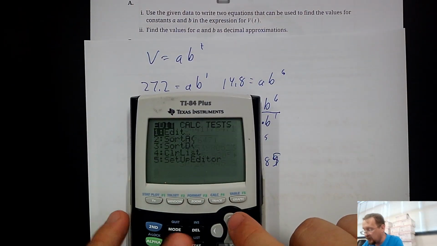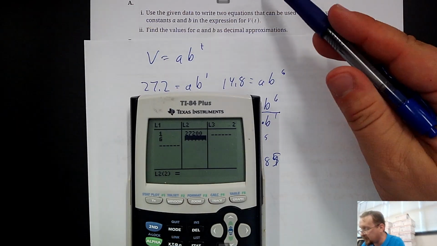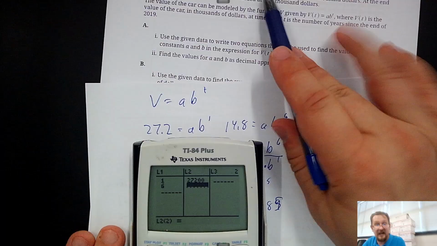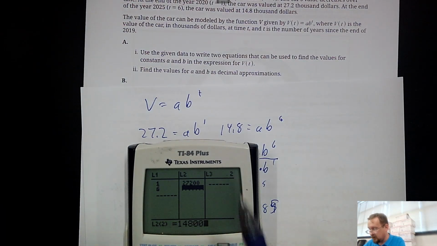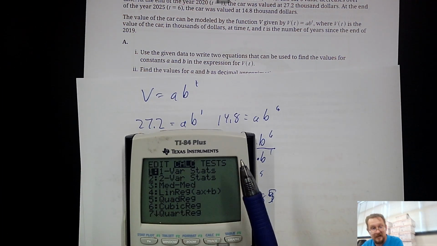Now, I'm going to do one other thing. I'm going to play a game called What Happens if I put in time 1 and time 6. And then here I put in 27,200, and what was that other number up at the top there? 14,800. And then I do something in my calculator called an exponential regression.